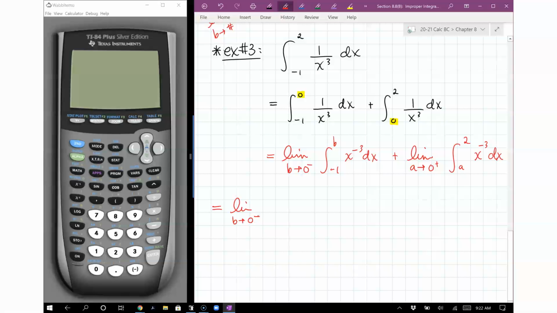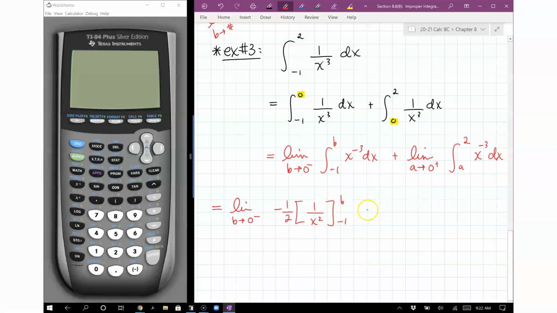And then this integral is negative 1/2 x to the negative 2. Or you know what? Let me rewrite it nicer: negative 1/2 times 1 over x squared, from negative 1 to b.